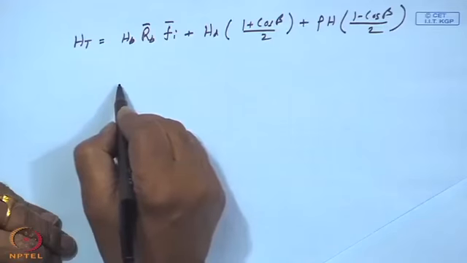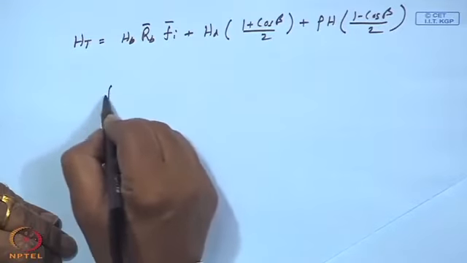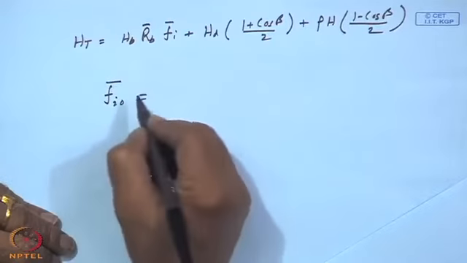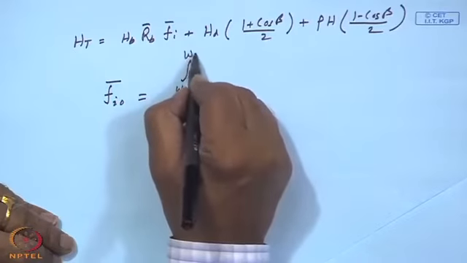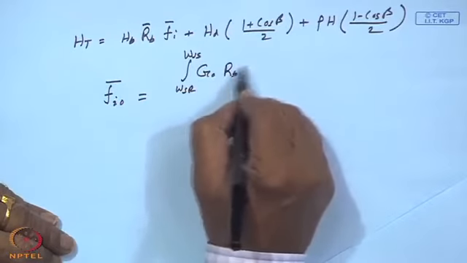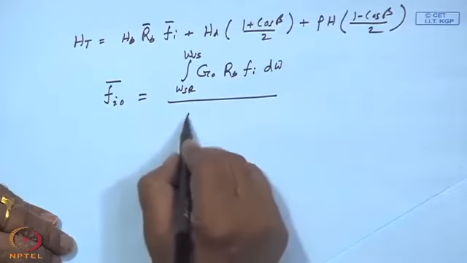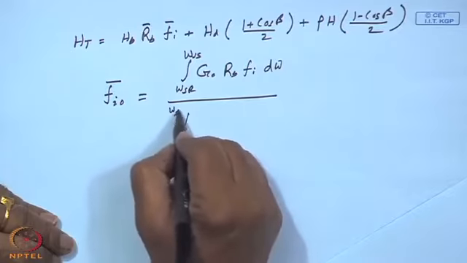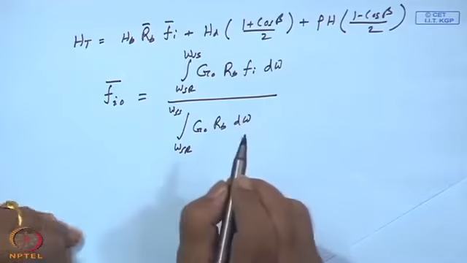So, under extraterrestrial calculations, just like we have done for R b bar, which I will indicate by an additional suffix O, it will be the integral from omega s r to omega s s of G 0 R b F i d omega, upon the integral from omega s r to omega s s of G 0 R b d omega.